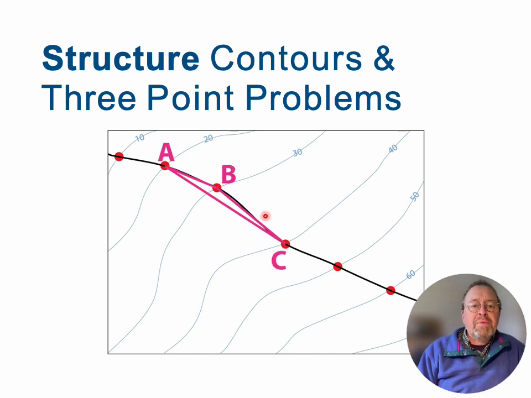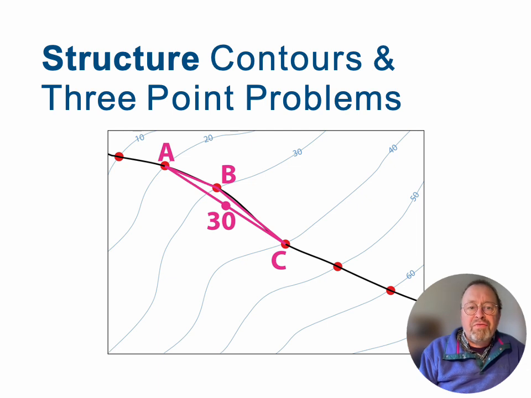So essentially, point A is at 20, point B is at 30, and point C is at 40. So if we join the 20 and the 40 with a different line, the midpoint of the 20 and 40 must be at 30. Like that.